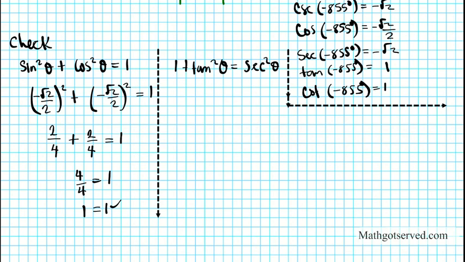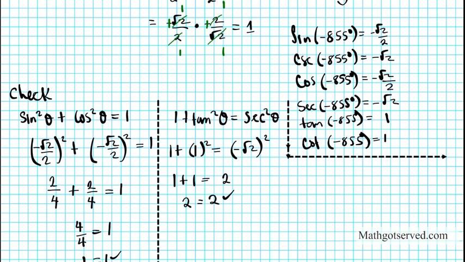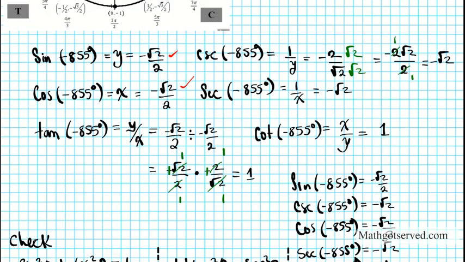So we're going to do 1 plus tan theta, which is just 1, 1 plus 1 squared. Secant theta is negative root 2 squared. Is this a true statement? Well, let's work it out. 1 plus 1 is 2. Root 2 squared equals 2. Is 2 equal to 2? Absolutely, so that checks out. So that tells me that tan and secant are correct. Okay? So tan and secant check out.